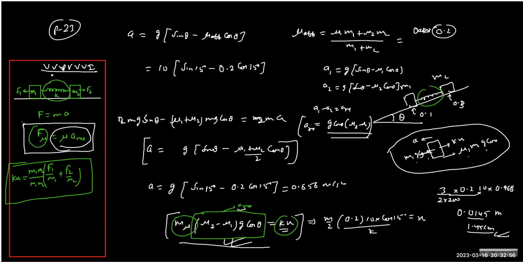Okay, read the question. Understood the question? Yes. And if I change the direction of force to the same direction, then A relative will be the difference of the accelerations, right? If F1, F2 are in the same direction, then it will be the difference, right?